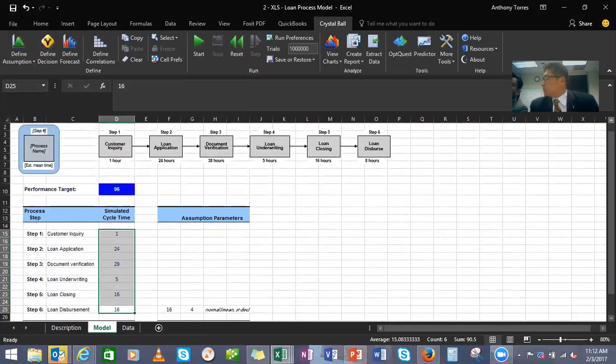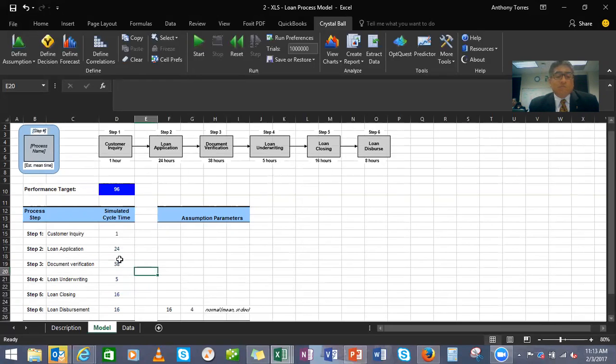Sorry, step 3 says 38 hours, but in your diagram it says 29 for document verification. Okay, sure. I'll do that just to make it consistent. But the reason I don't care about that is because whenever I look at a model, I'm concerned with the structure of the model, not the inputs.